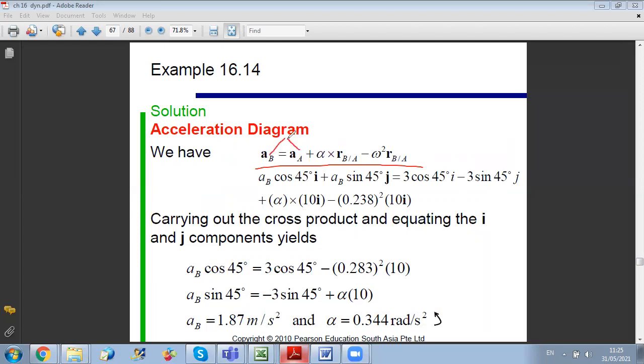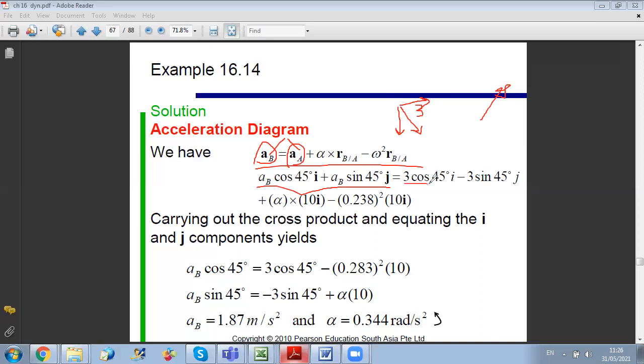Okay? So let us apply it, as we did for the velocity. First, the acceleration vector of B: we have in the figure that A is moving down, B is moving up. So as we did for the velocity, aB can be decomposed into aB cosine 45 i plus aB sine 45 j. Now concerning point A, we know that it's 3 meters per second square downward. So it has positive component along i, negative component along j, like the velocity.